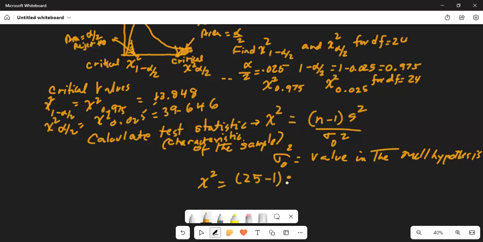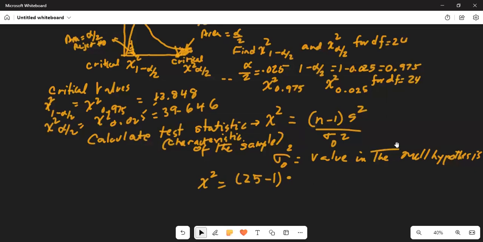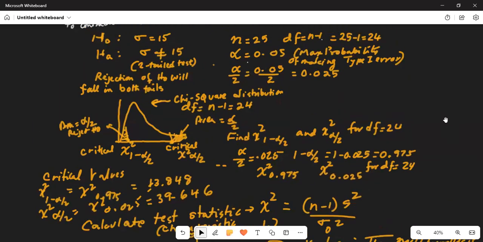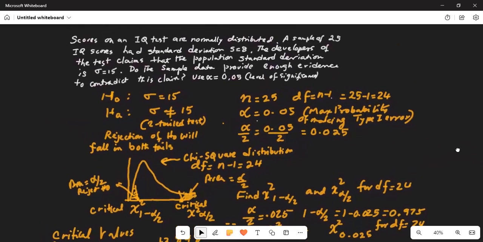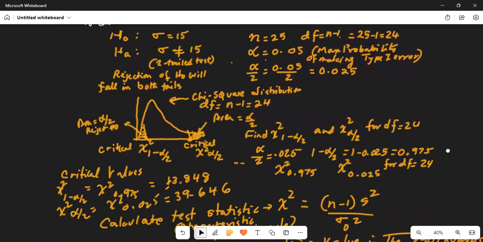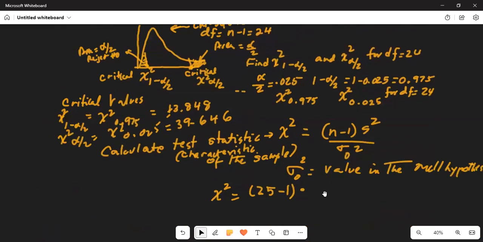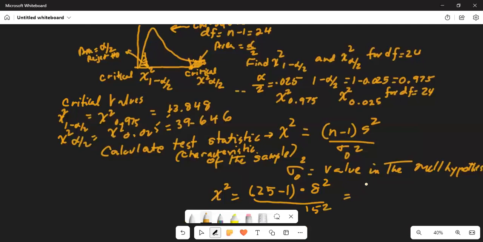So I may have to go up to look for s value. Standard deviation s is equal to 8. Okay. So times 8 square divided by value in the null hypothesis is 15 square. So this is 24, 8 square is 64, divided by 15 square is 225.